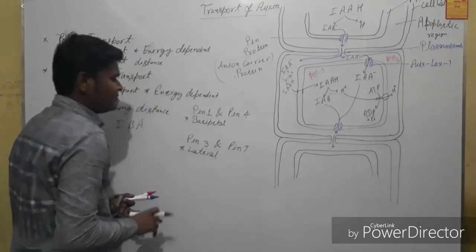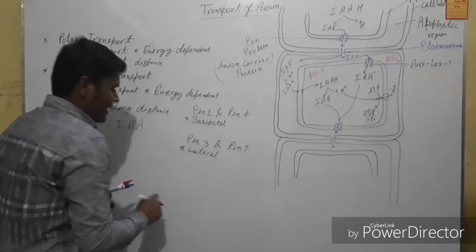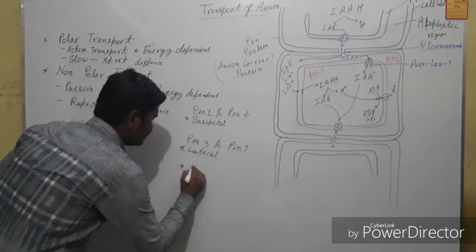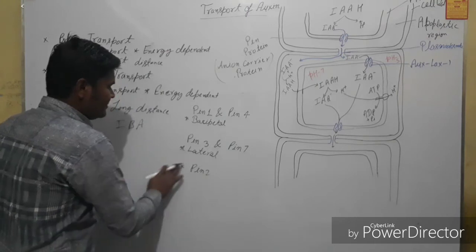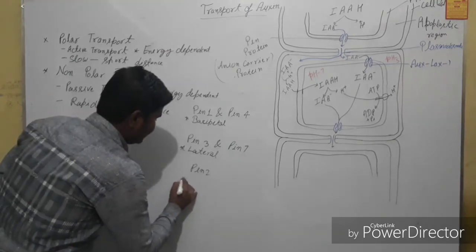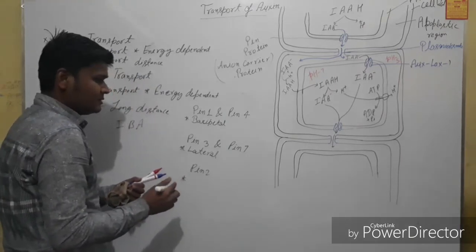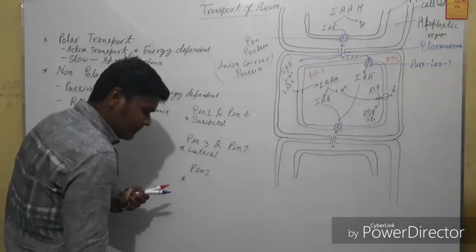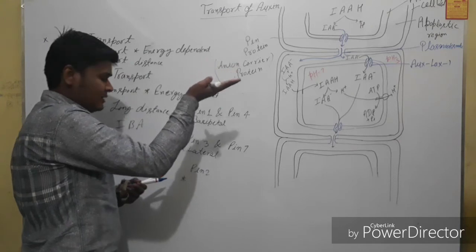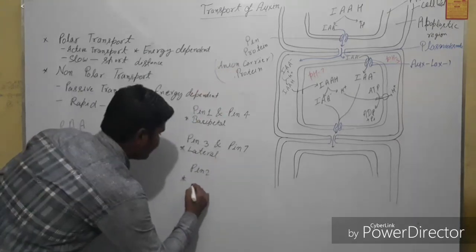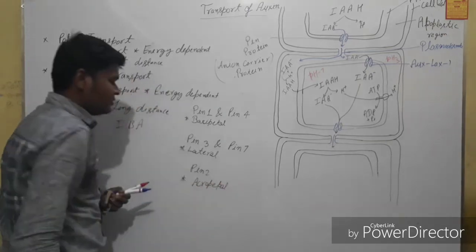Lateral movement of transport occurs with the help of PIN3 and PIN7. And PIN2 also helps in the transportation of auxin from the base to the upper region, that means the acropetal transportation.